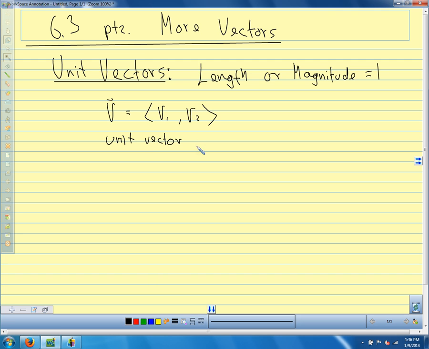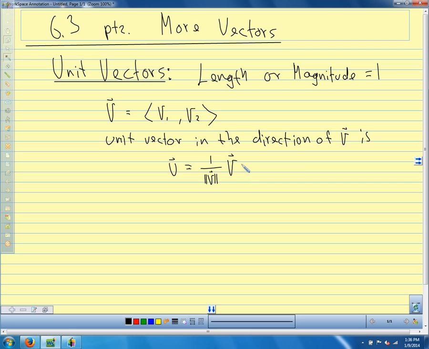So our unit vector in the direction of v is, and I'm going to say u for unit vector, basically, we just get rid of its length. So we divide the vector by its length: 1 over the magnitude of v times v.